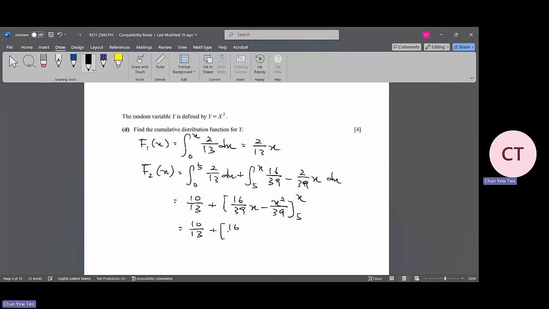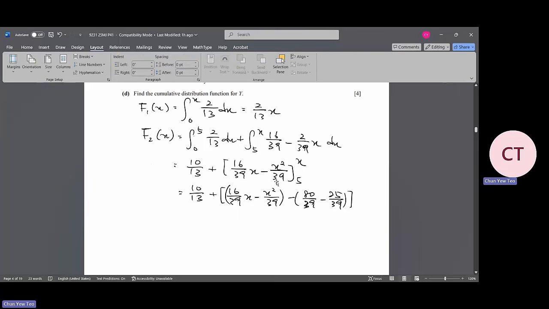We can get 16 over 39x minus the x squared over 39 minus the 80 over 39 minus the 25 over 39. So just join everything together. At the end, you get negative 25 over 39 plus the 16 over 39x minus the x squared over 39.